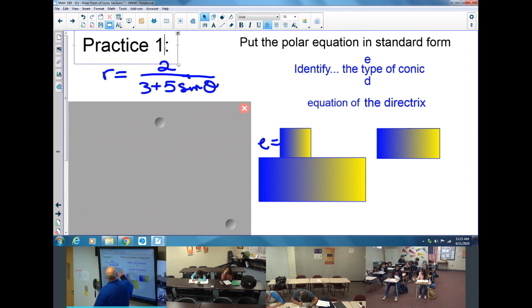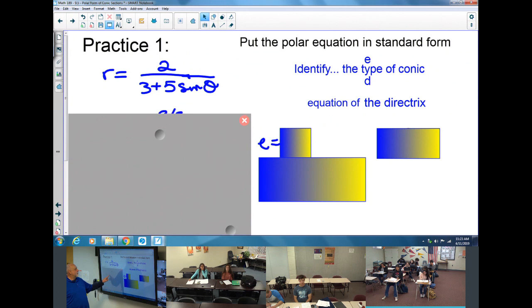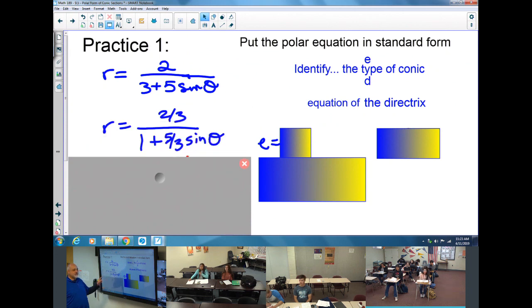Okay, so Junior, what is the equation in standard form? R equals 2/3 over 1 plus 5/3 sine theta. Excellent.